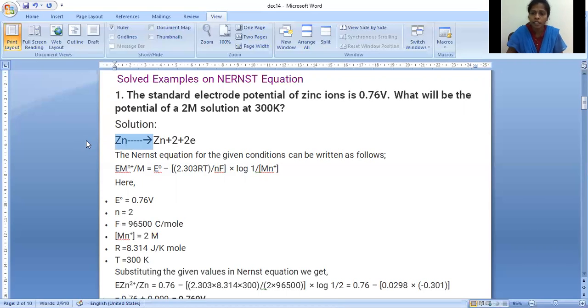So we need to write like this because they asked for the oxidation reaction. Yes, so this is the reaction.